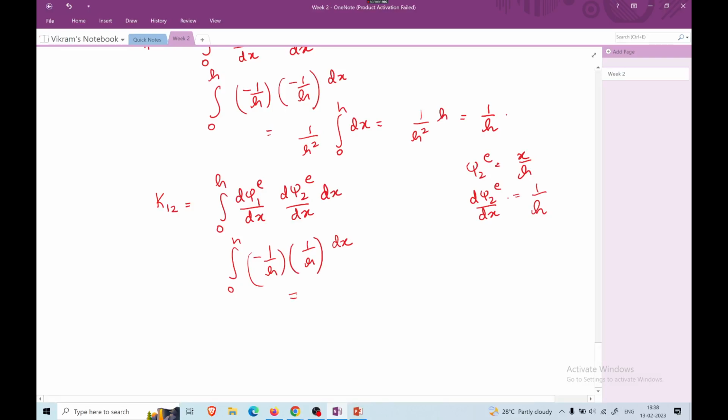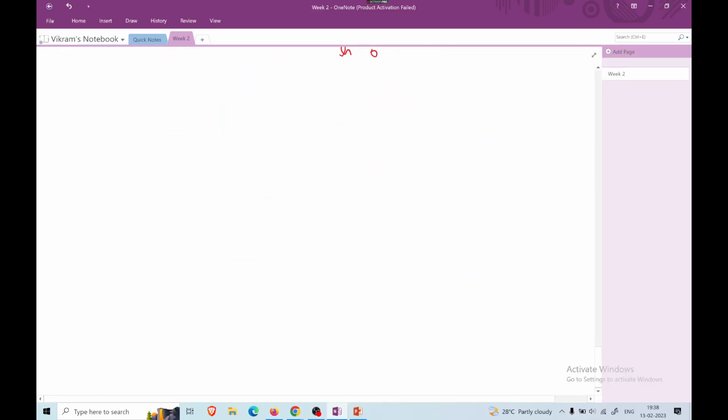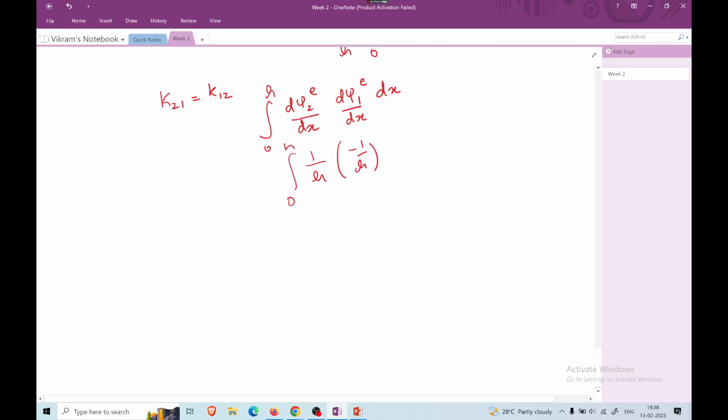So this is minus 1 by h square integral 0 to h dx, so this is minus 1 by h. And k21 will be the same as k12. So this is integral 0 to h d psi 2 by dx into d psi 1 by dx into dx. I am just replacing 1 2 by 2 1. This was 1 by h, this was minus 1 by h, dx. So same thing, minus 1 by h you will get.